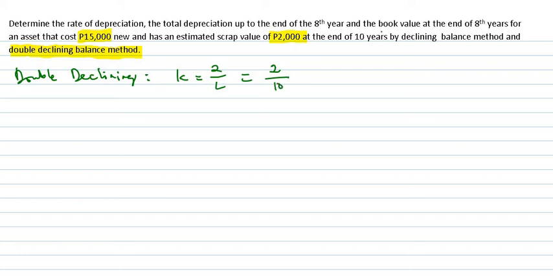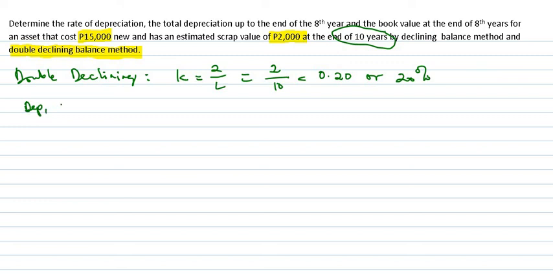Our useful life here is 10 years, at the end of 10 years. So that is equivalent to 0.20, or that is 20%. That is our K.